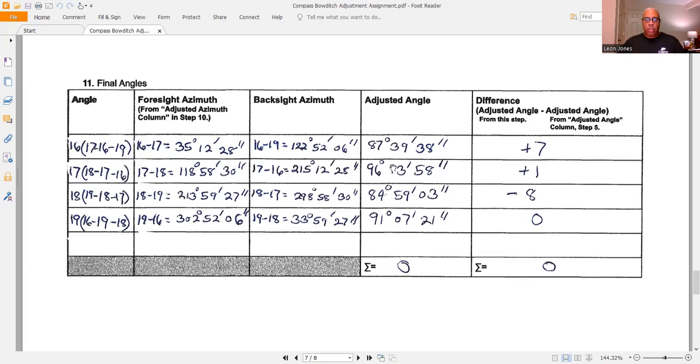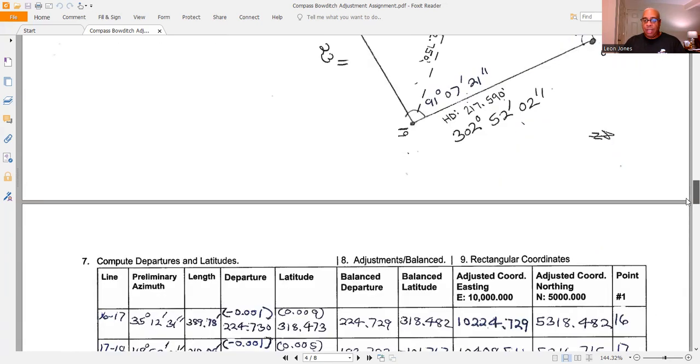Again, what I'm doing to get my adjusted angle, I'm actually taking a formula from my azimuths. I'm taking my back sight azimuth and subtracting it from my foresight azimuth to get the interior angle. Now again, 87, 39, 38, that is my final adjusted angle.